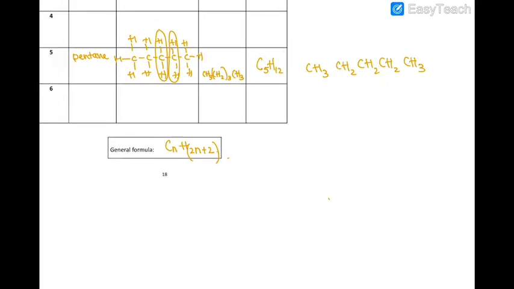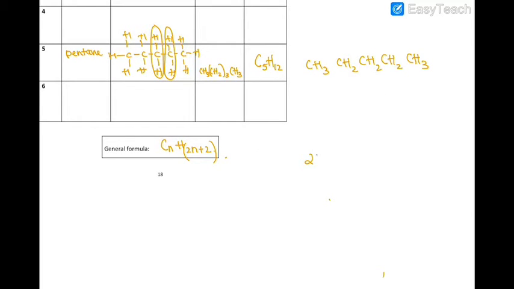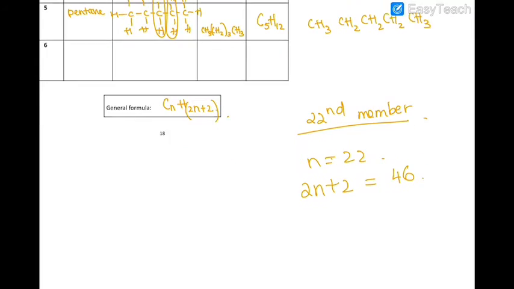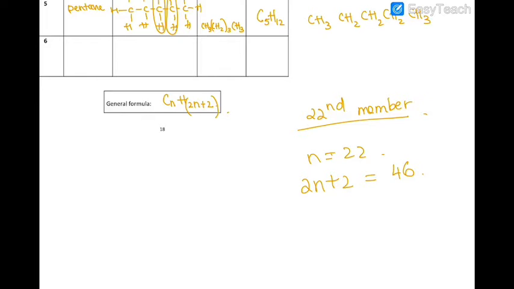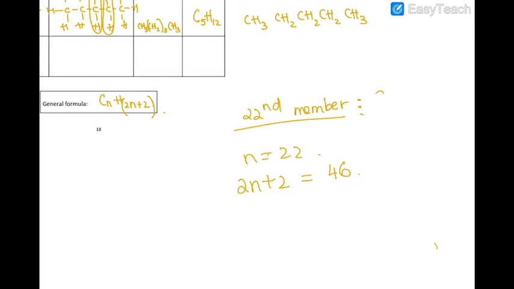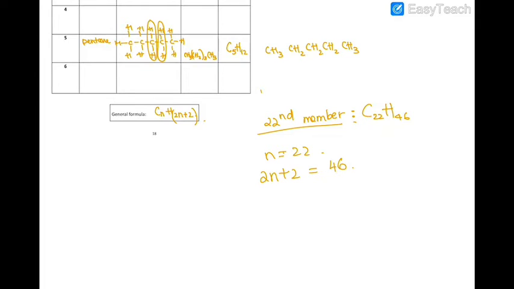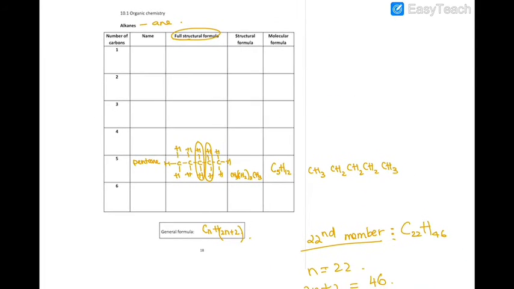So if you need to find, let's say, the 22nd member of the alkanes family, n is 22, so 2n+2 would be 46. So the member is going to be C22H46. So you can find the molecular formula of any member from the general formula.